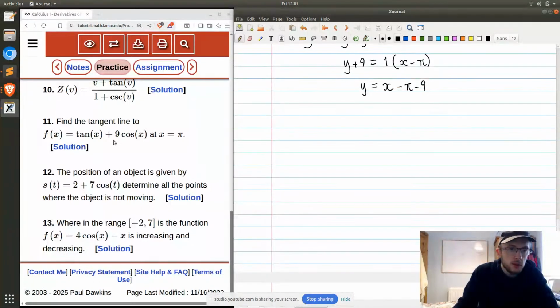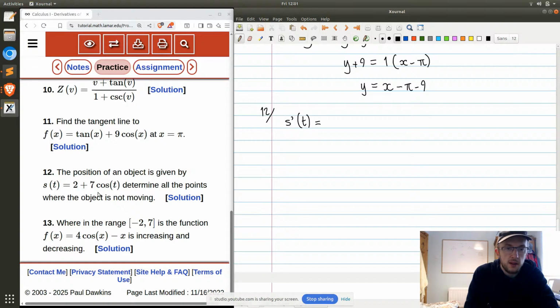Okay, problem 12. The position of an object is given by s of t equals 2 plus 7 times the cosine of t. Determine all the points where the object is not moving. So if that's the displacement function, we need to differentiate it to get the velocity function. And then ask the question, where does the velocity equal 0? So s prime of t, that's me differentiating it.